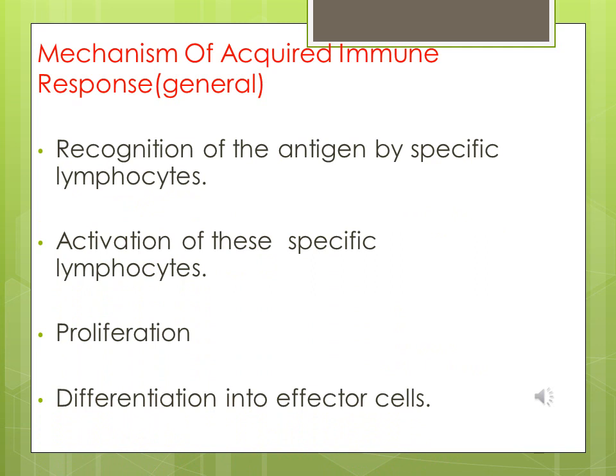Now I would like to discuss the general mechanism of acquired immune responses. The general mechanism of acquired immune responses can be described in a few steps. The adaptive or acquired immune response is a very specific one, induced by a given antigen, and it generates a response that specifically targets that same antigen.